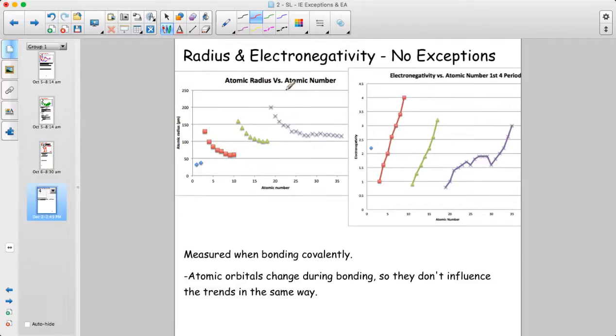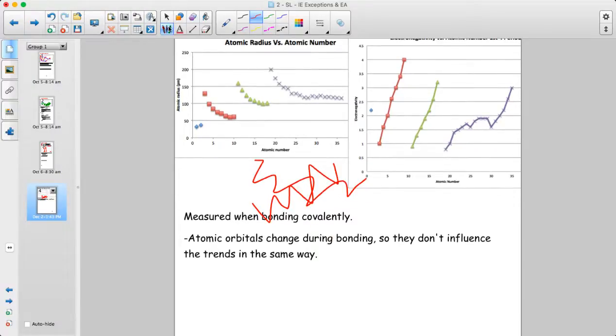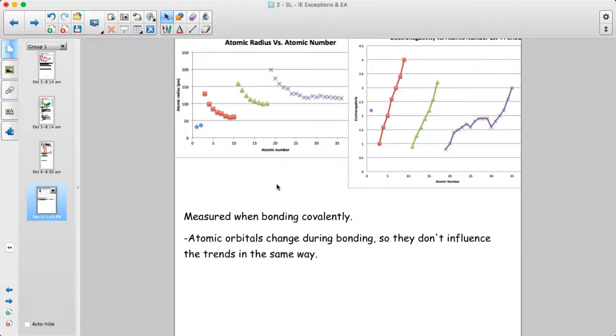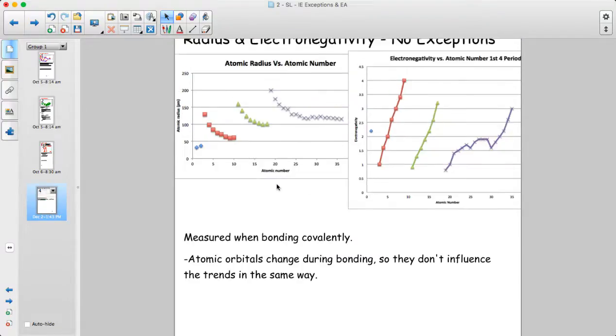You may ask, why don't the other trends like atomic radius and electronegativity show these exceptions? If you look at them, they don't show the same little dips that we saw in the ionization energy and the electron affinity. And the reason is that these trends are measured on atoms, but they're actually measured when things are bonding. So when things are sharing electrons, their atomic orbitals change into something new.